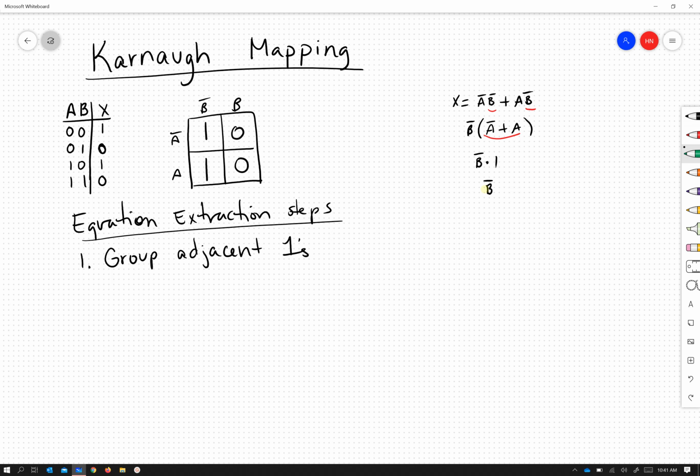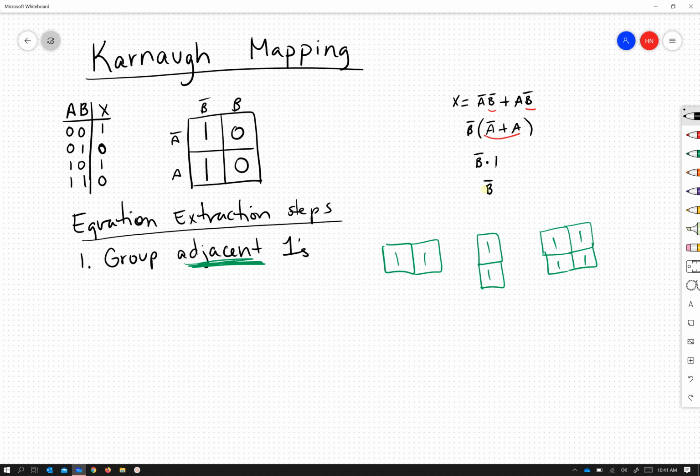Now, it's very important that you understand the word adjacent. Adjacent means that they're next to each other, like if you have a 1 and a 1 like that, or like that, or ones like that, etc. So they're all touching.